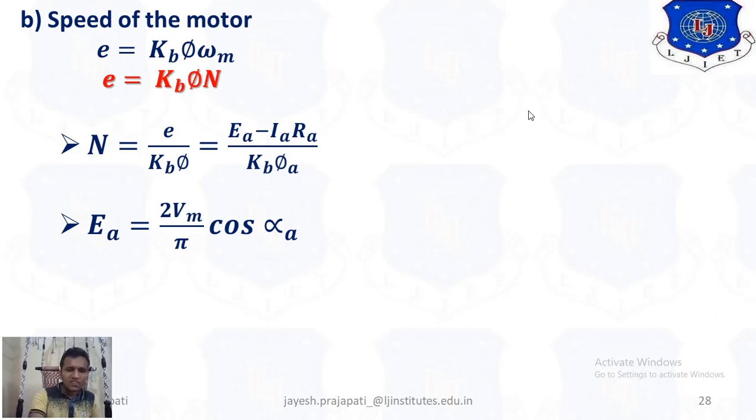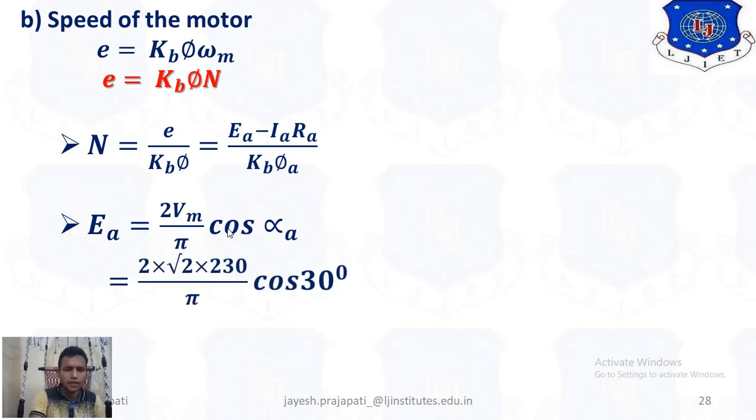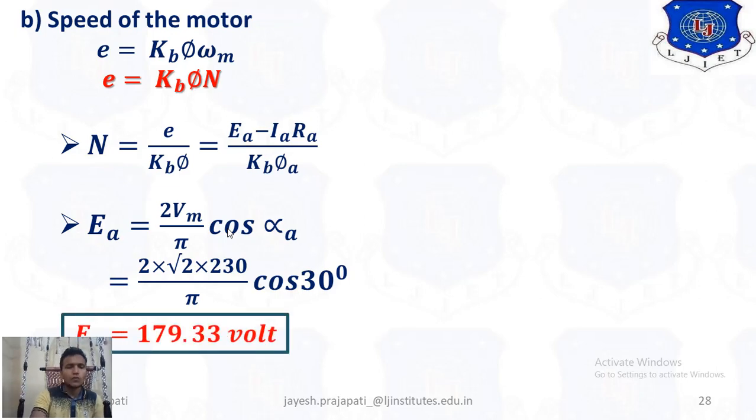Now here Vm is the maximum voltage, and we have the RMS voltage, so we write 2 multiplied by root 2 into 230 divided by pi and cos 30 degree. So EA is equal to 179.33 volt. That is the armature output voltage EA.